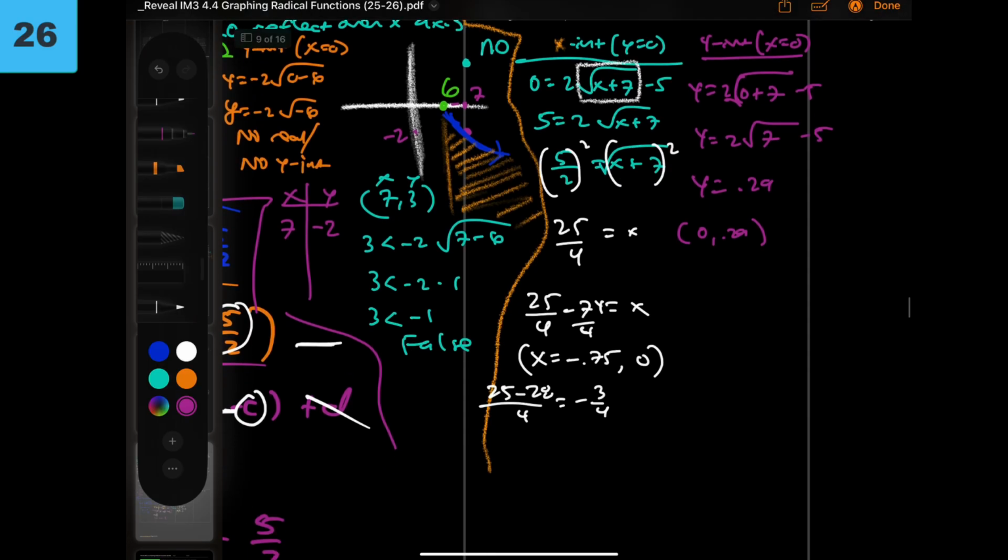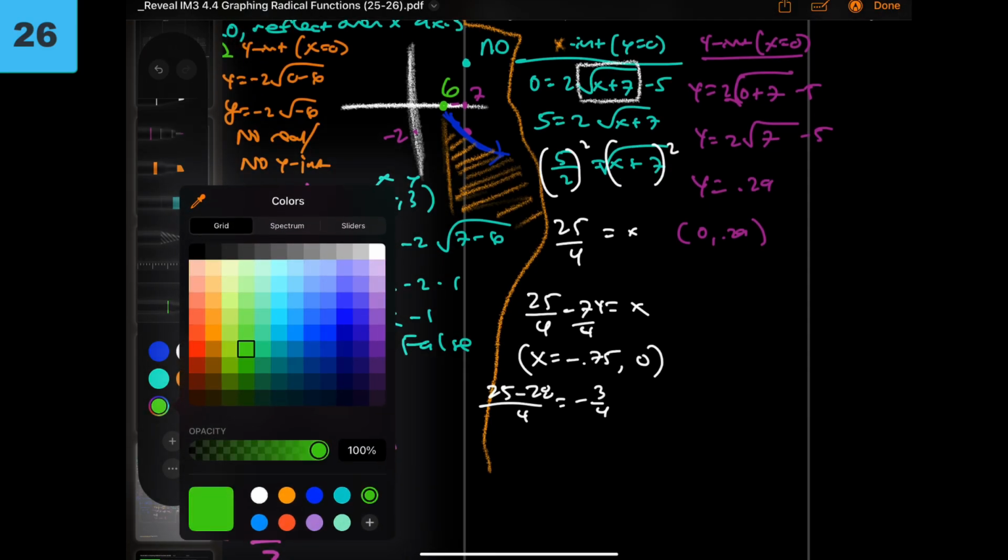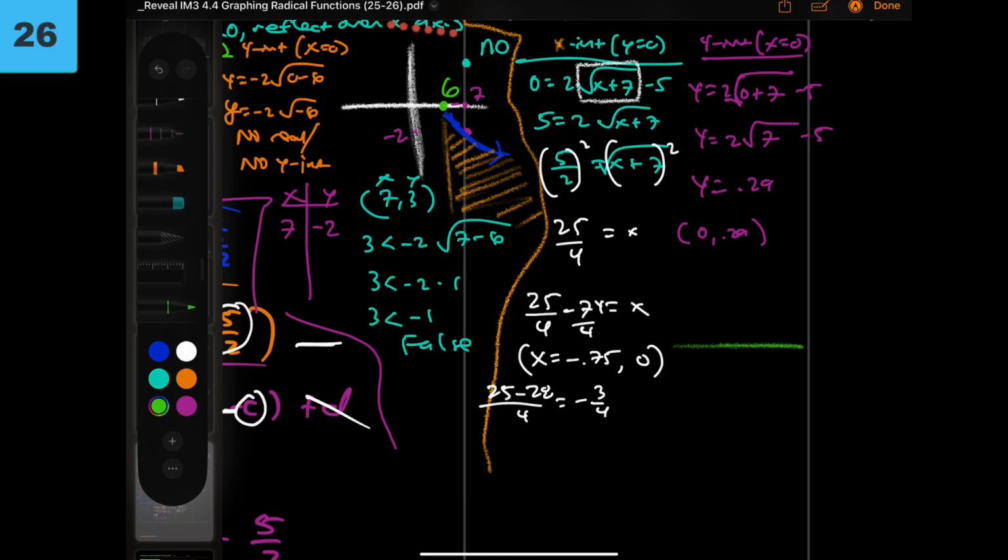Okay, let's make a graph. Positive 0.29. Okay.